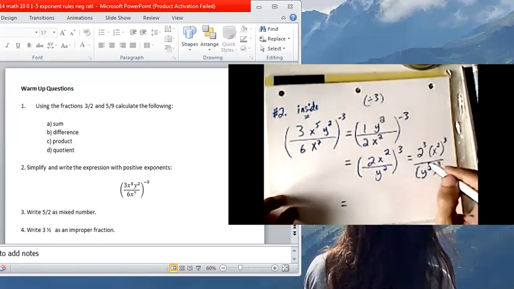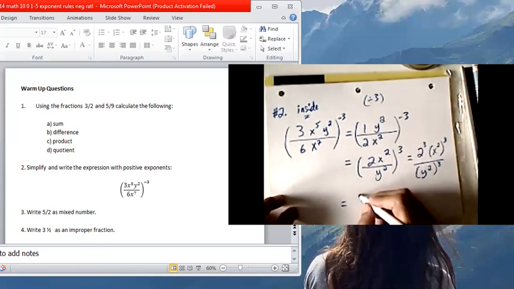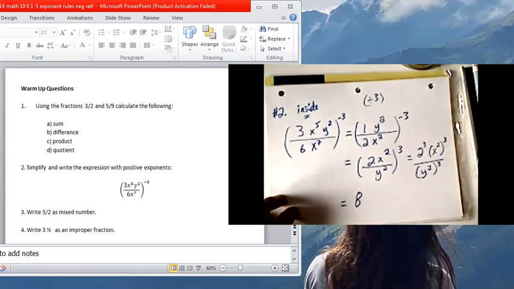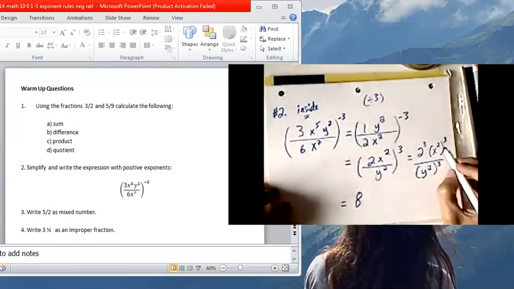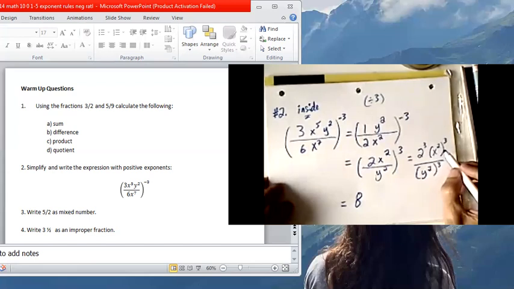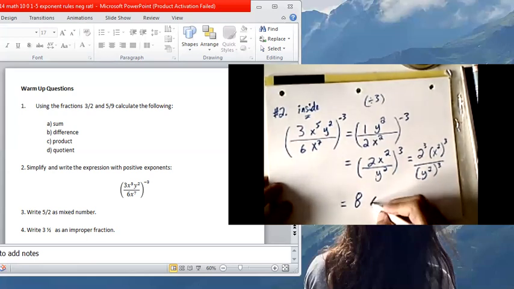What happens? Well, for the number, you can just work it out. That's just 8: 2 times 2 times 2. Here, this exponent rule is super important, right? With this situation, these exponents are always multiplied together.